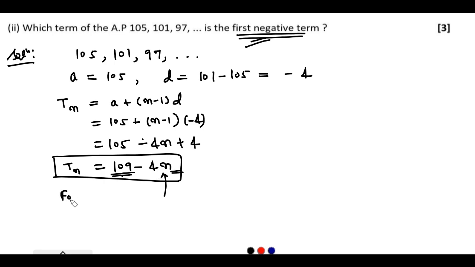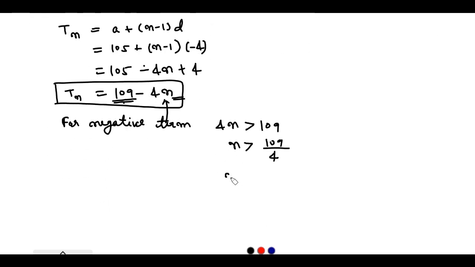Means for a negative term, 4n will be greater than 109. It means n will be greater than 109 divided by 4. Means n will be greater than 27 and 1 by 4.